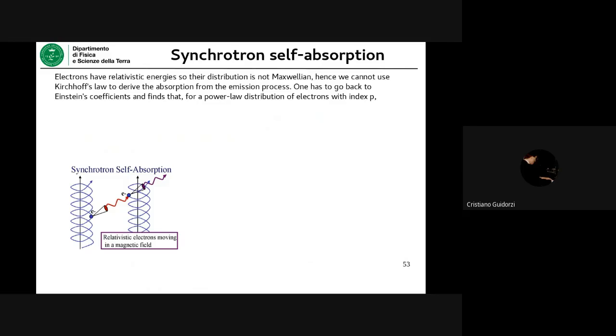So you don't know, in principle, the source function. So you cannot exploit the same trick that we did when we were dealing with thermal Bremsstrahlung. The magic word thermal here is not available.